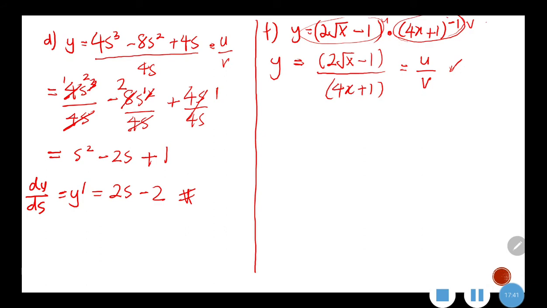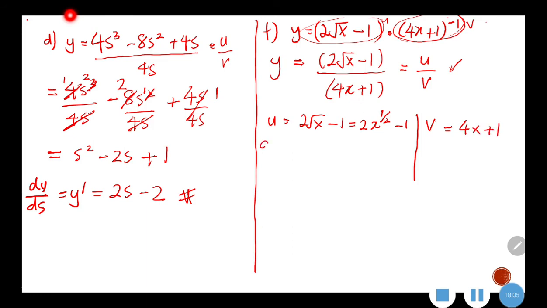rule like this. Okay, so for this quotient rule, we have u equals 2 square root x minus 1, or this is equivalent to 2x power of 1 over 2, minus 1. And your v here is equals to 4x plus 1.